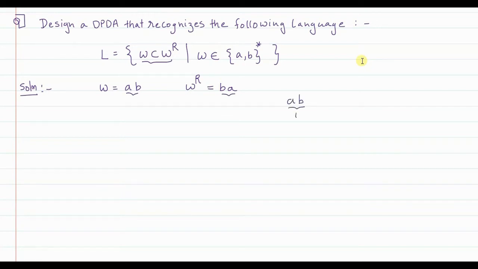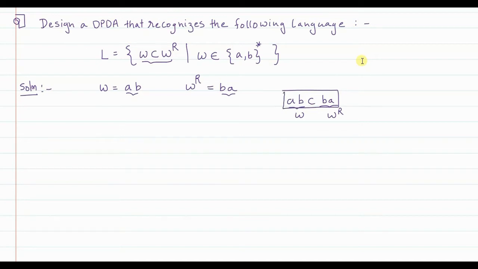What is AB? That is W. And BA is the value that we have considered W raised to R. So this is one of the valid strings in the given language.